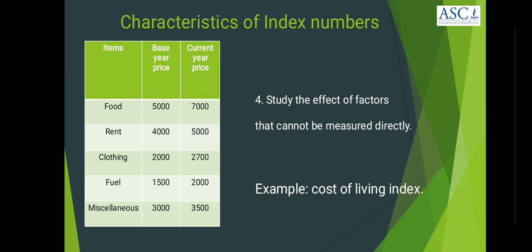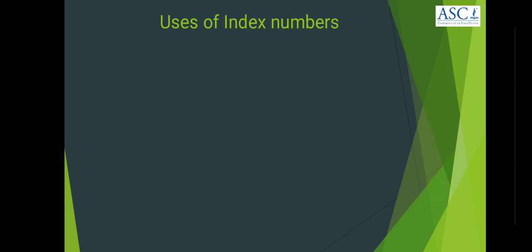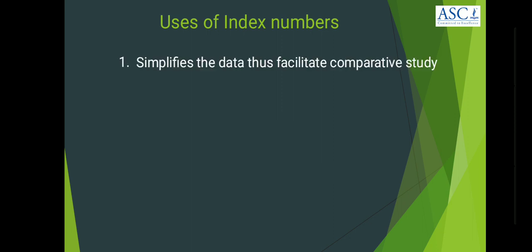That completes the explanation of all four characteristics of index numbers. Now, the next stage is about uses of index numbers. They are here. The first one, index numbers simplify the data and thus facilitate the comparative study.